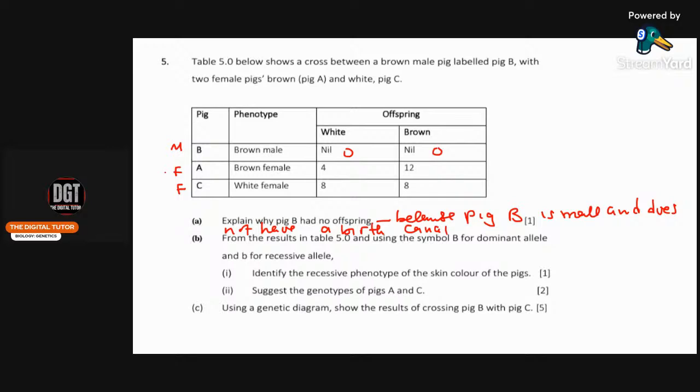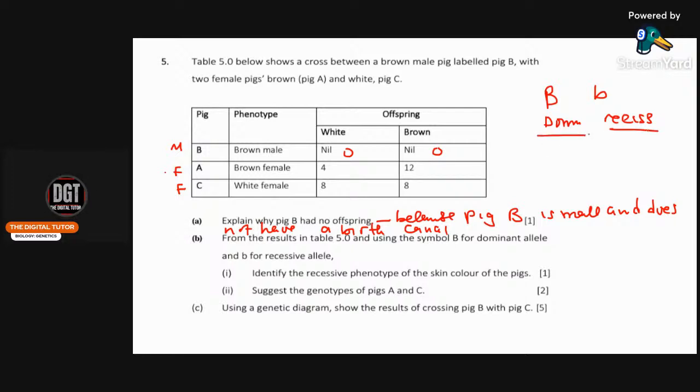Then now, from the results in table 5.0, which means the results here, using the symbol B for dominant allele and small letter b for recessive allele. So this is the dominant, this is the recessive. These are the symbols that they've given.